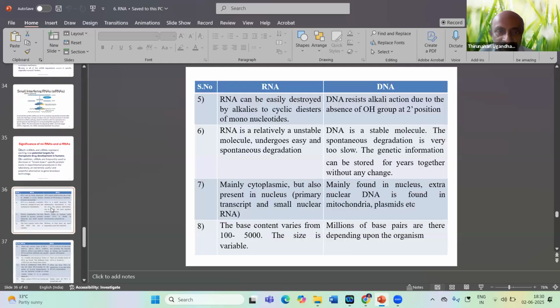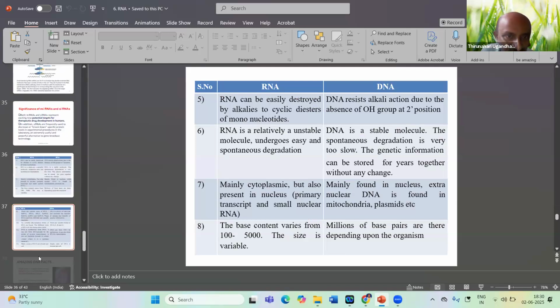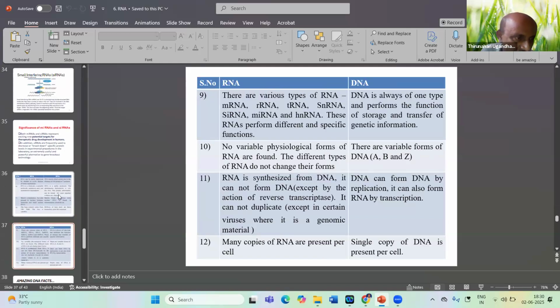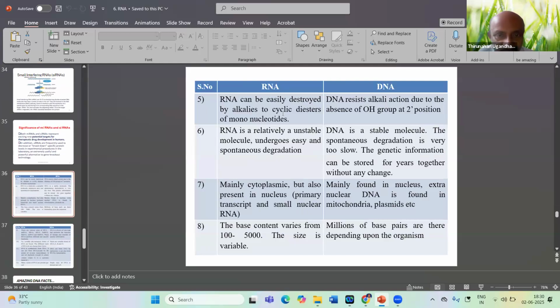But now, the differentiation between RNA and DNA. What are the differentiating characters of these two? RNA can be easily destroyed by alkalis to cyclic diesters of mononucleotides. DNA is resistant to alkali.